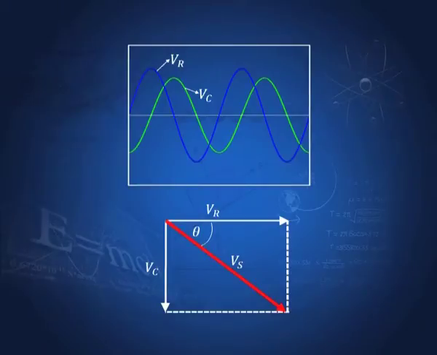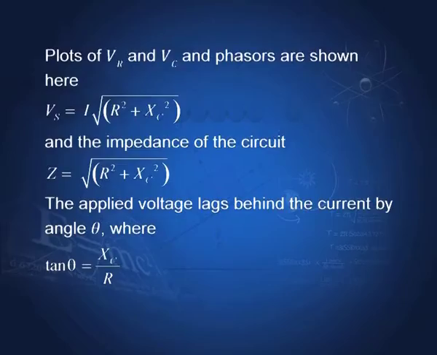VR is in the same phase as current, and VC lags behind it by pi by 2. So, this green line is behind this blue line by pi by 2, and Z is again equal to the square root of R squared plus Xc squared, and tan theta, you see.